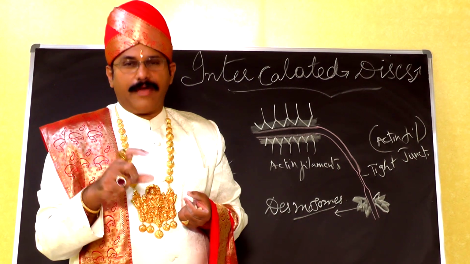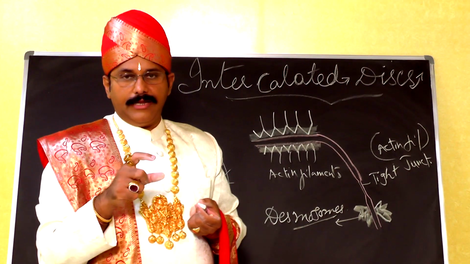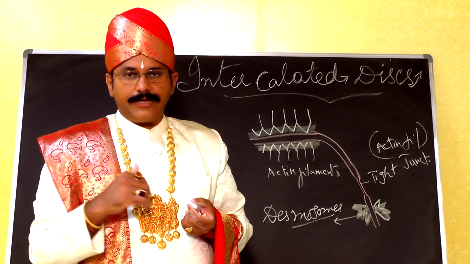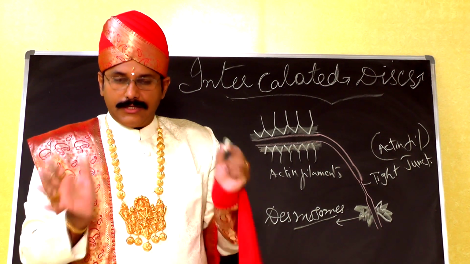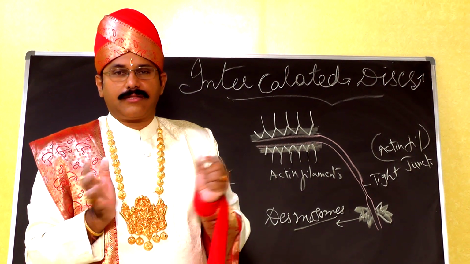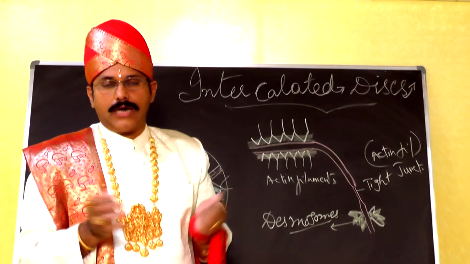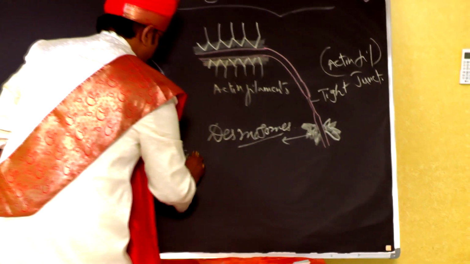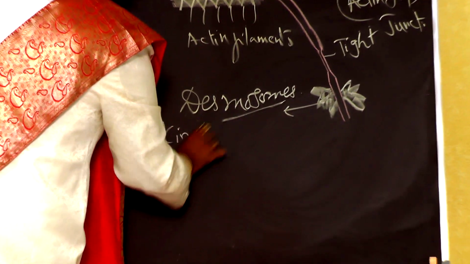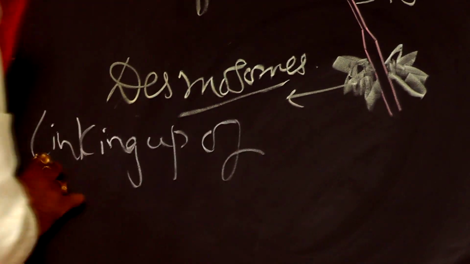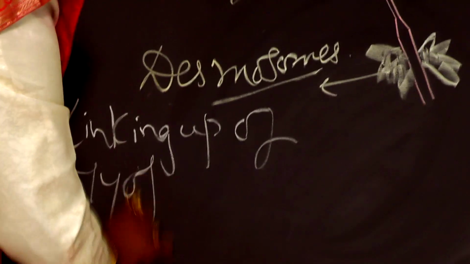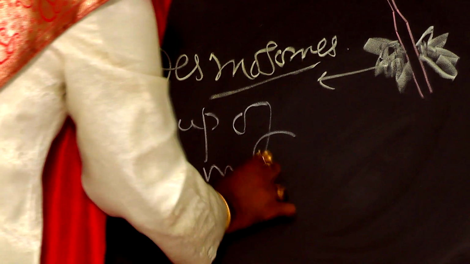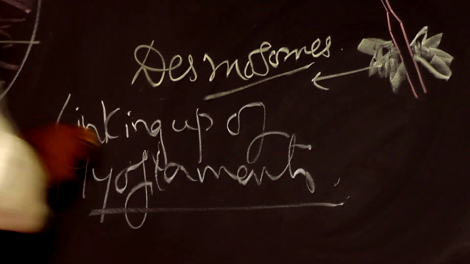See, there are myofibrils which are present in the cytoskeleton of the adjacent cells. So these myofibrils or myofilaments are linked up. The linking up of the myofilaments that are present in the cytoskeleton of the adjacent cardiac myocytes is done by the desmosomes.